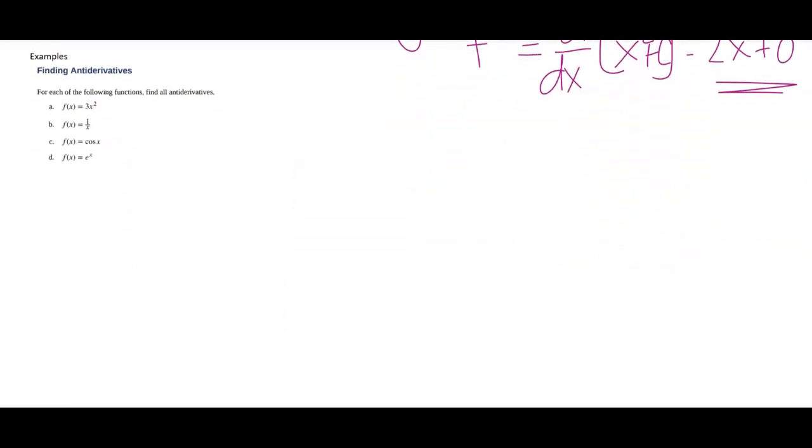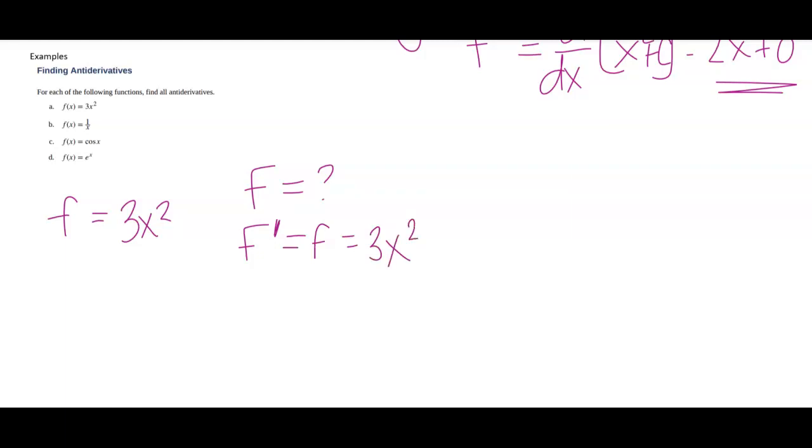So if little f is 3x squared, the big question is what is big F so that big F prime, which is little f, is 3x squared. At this first part, we're going to work backwards and think about what big F has to be so that when I take the derivative, I get 3x squared.